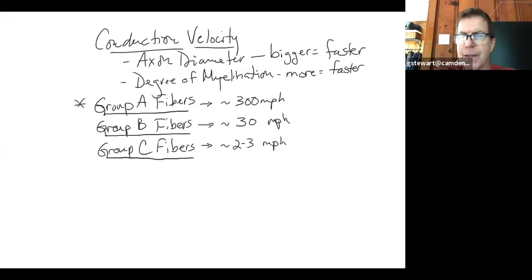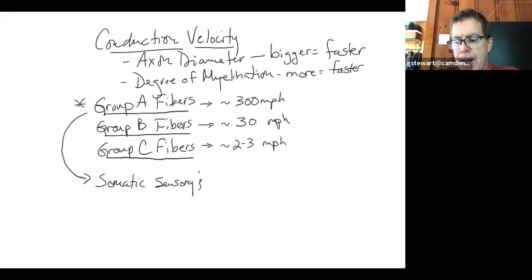Now I'm going to give you an idea of where these are located in the human body. Group A fibers are typically somatic sensory and somatic motor fibers.